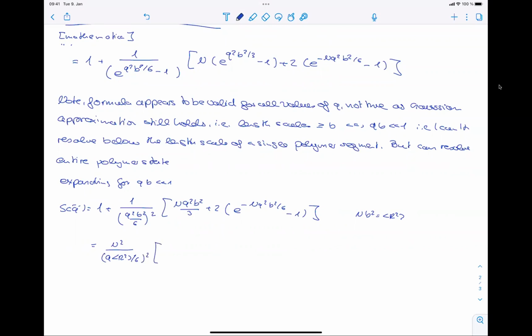I'm moving in, and then I have a QR squared popping up, R squared over 3 plus 2 Q squared R squared over 6 minus 1. And that I can identify as n squared. And again, we're back to the Debye function with this being its argument. Sorry, that's a 6.